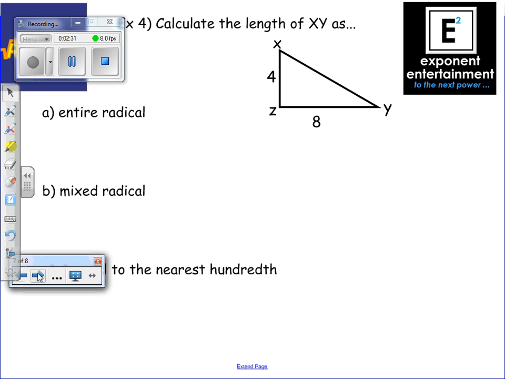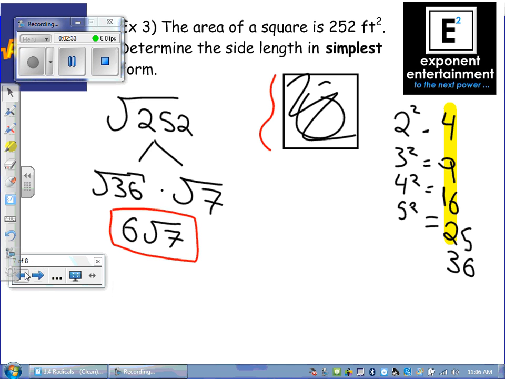Yep. Just write down notes. Okay. Yeah. Just make the area in simplest form. Still do the area. No. So the area is 252 feet.